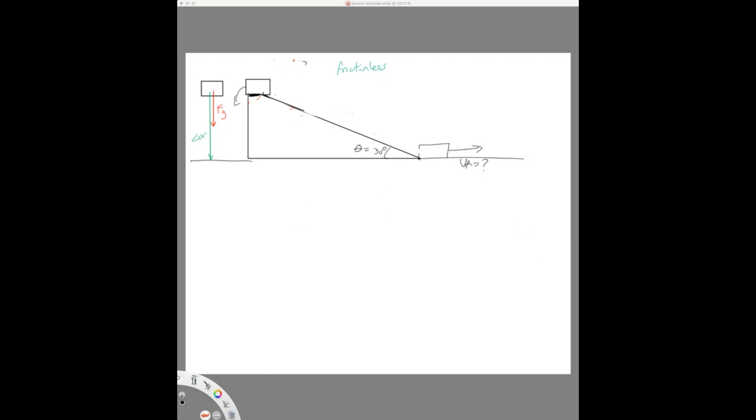So we're going to have three options, and think it over. Just think, what's your instinct? Is it going to be going faster, slower, larger velocity, smaller velocity, or the same?